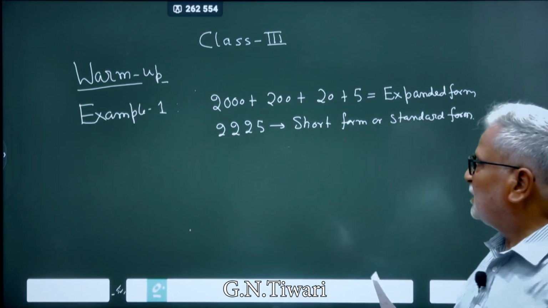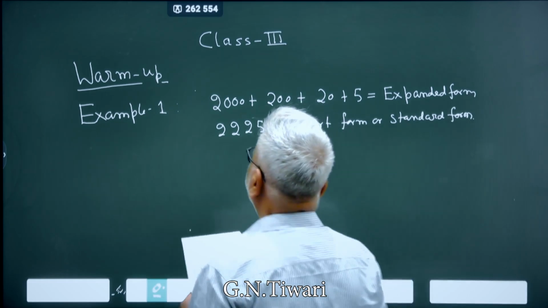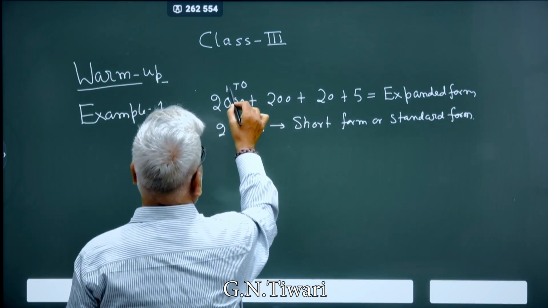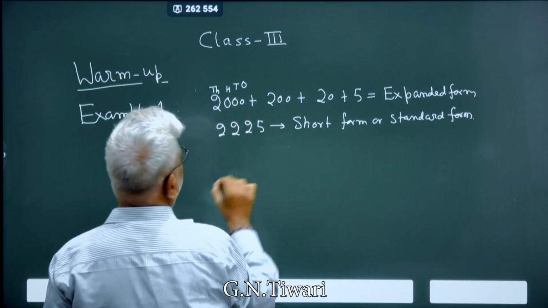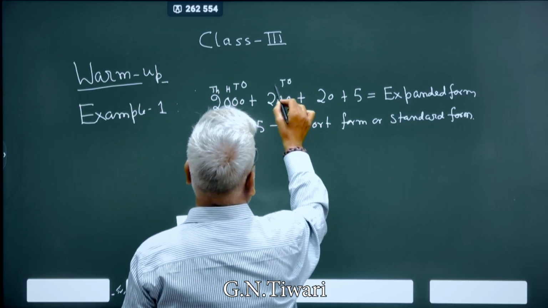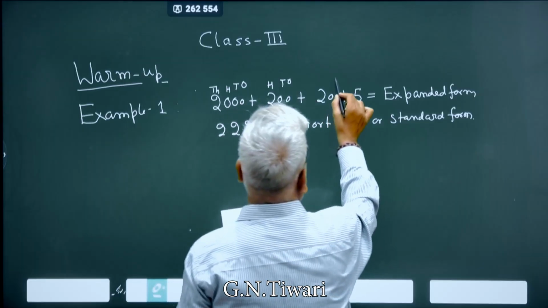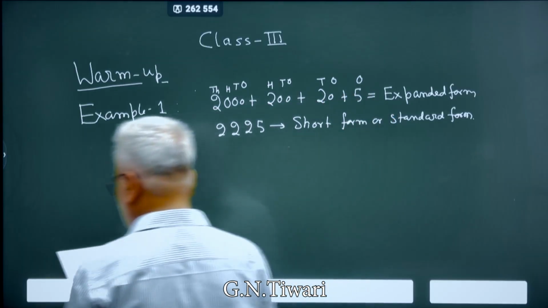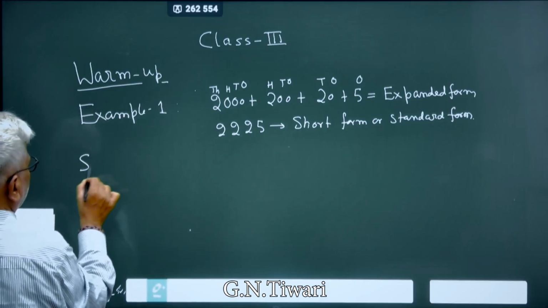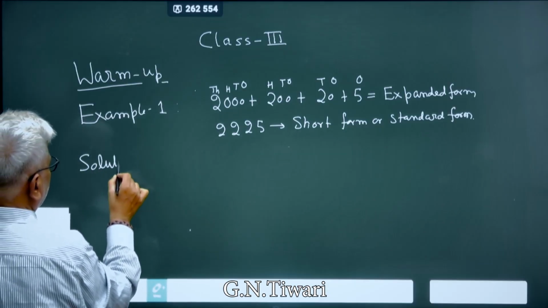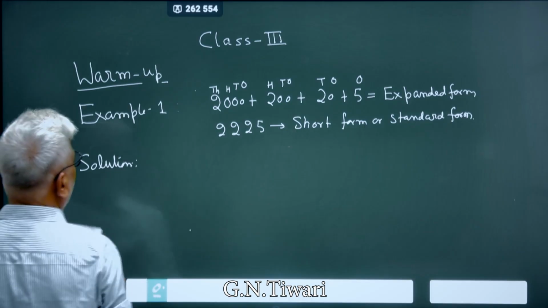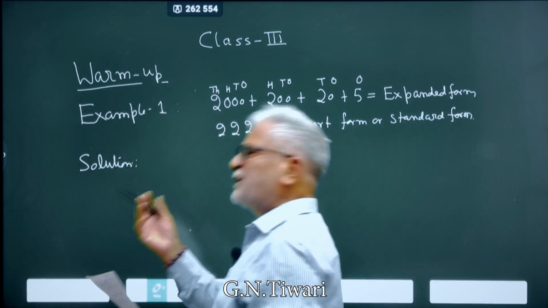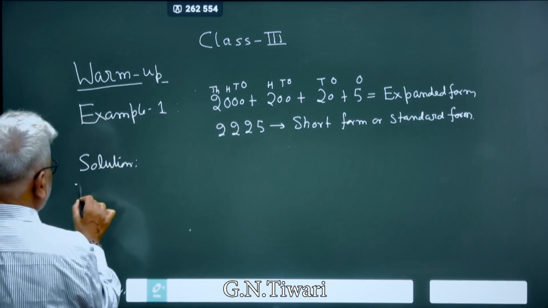So suppose you want to write this thing, so always ask the student to write Th, H, T and O. It will help. Solution, I am just giving you. Now you know 2000. So make a bigger cube. It is a representation.